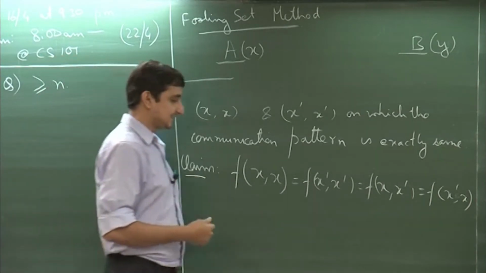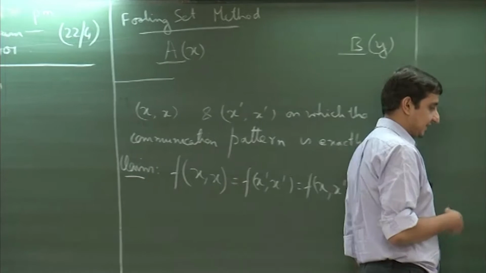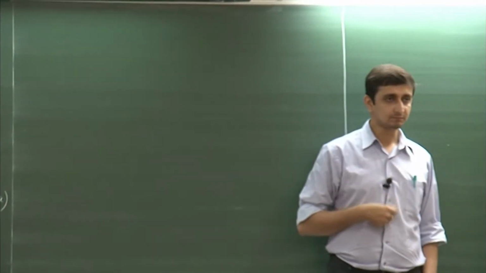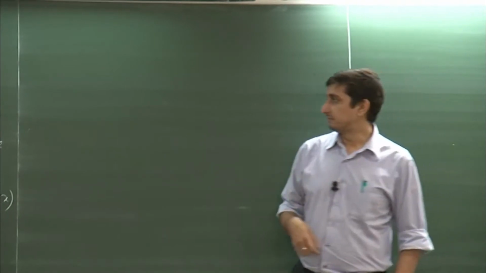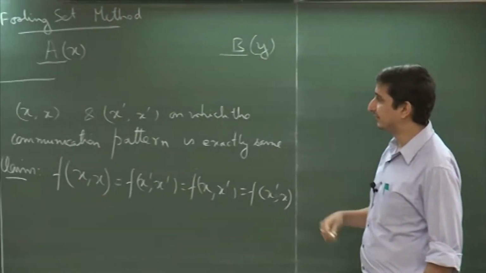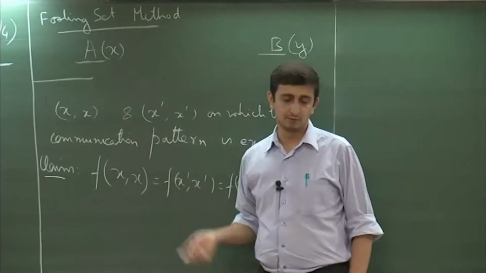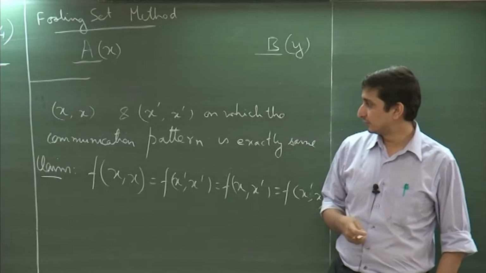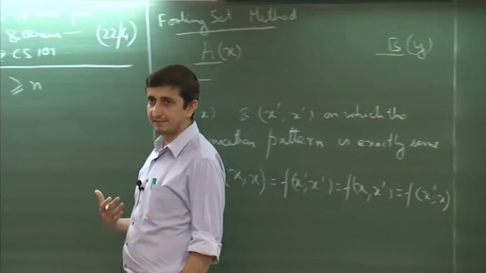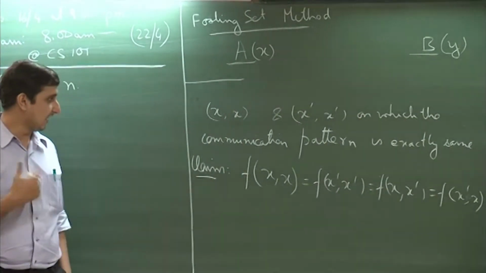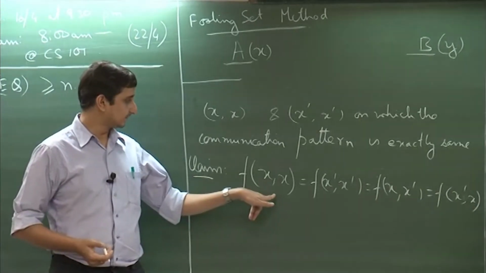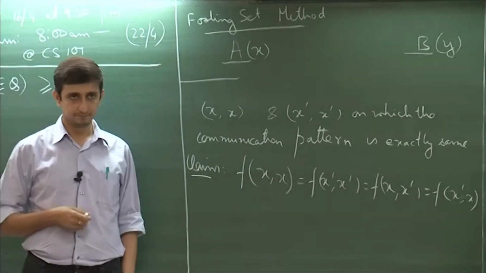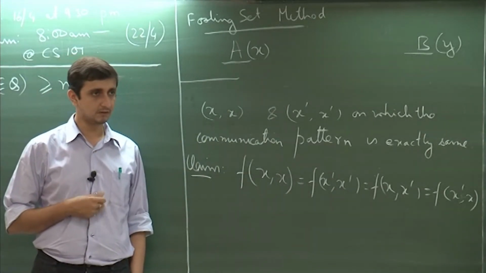So, Alice has access to B1, B2 and her own string x. So, she will basically send the same bit B3 irrespective of x or x prime. So, this inductive argument shows that the final bit that is getting outputted on any pair of these inputs will basically be the same. Okay.